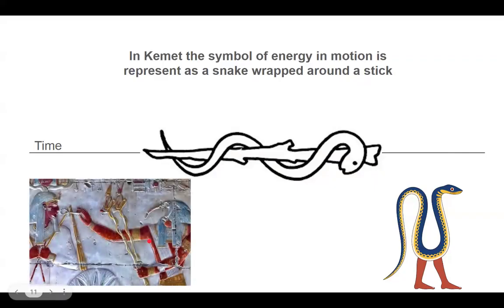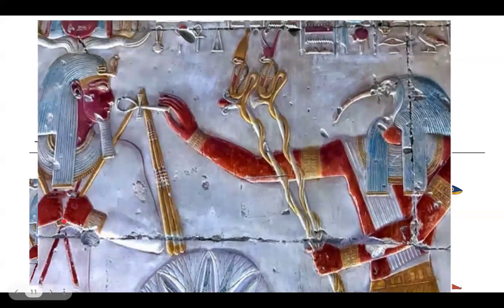Here is a carving on a temple wall of Jehuti, the nectar of wisdom, holding 2 staffs with serpents on top of them. Here's a larger picture to show you so you can see it clearer, because it probably wasn't that clear, that small.